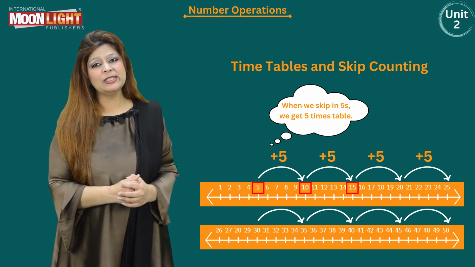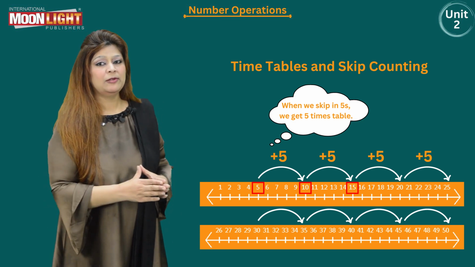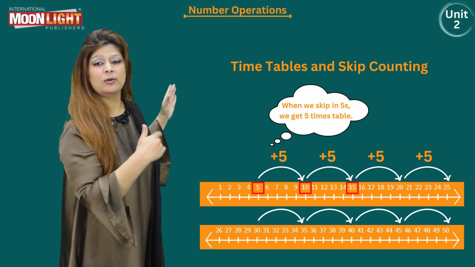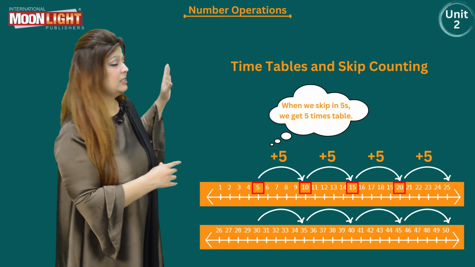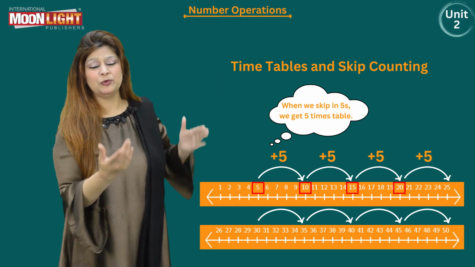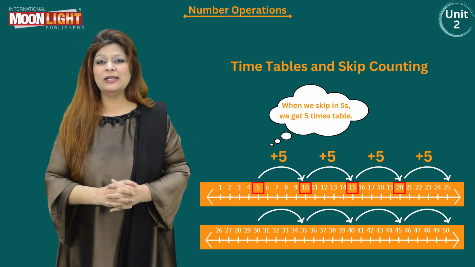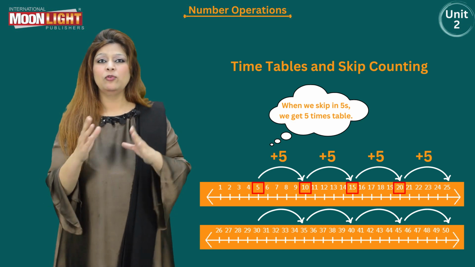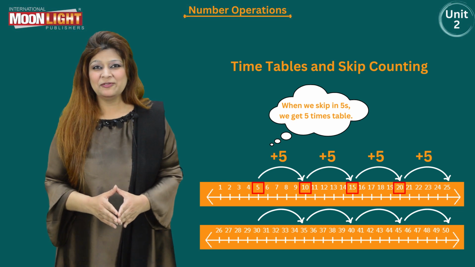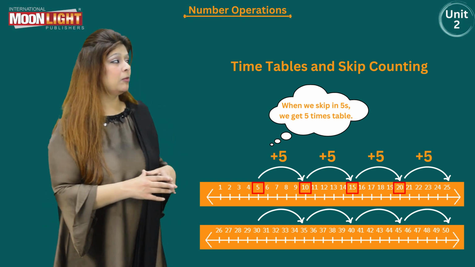By adding the number 5 or by skipping 4 numbers, you can check 16, 17, 18, 19, 20. So I will jump on the number 20. 5 4s are what? Very good, 20.